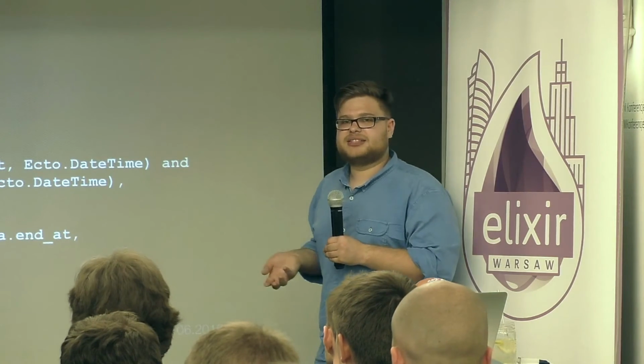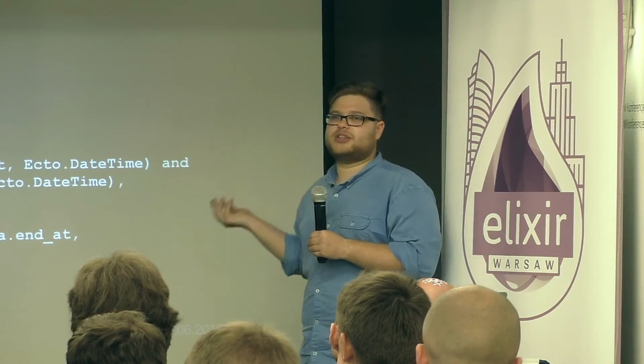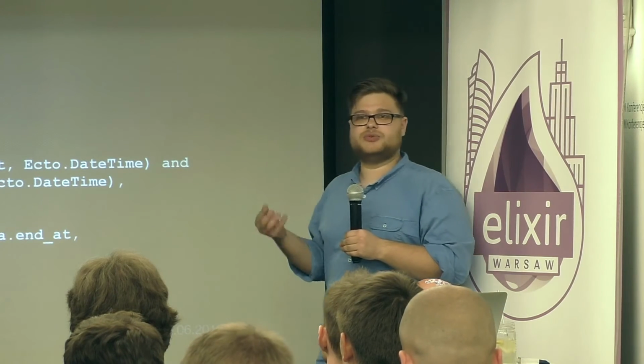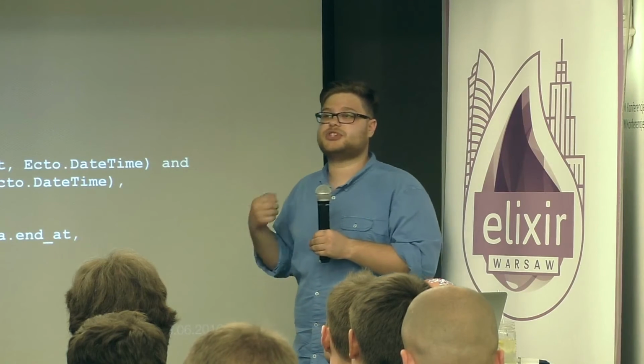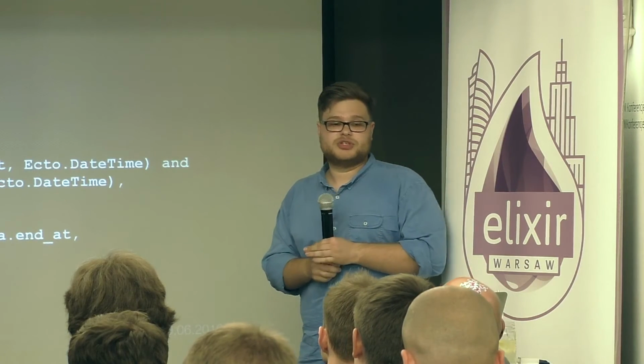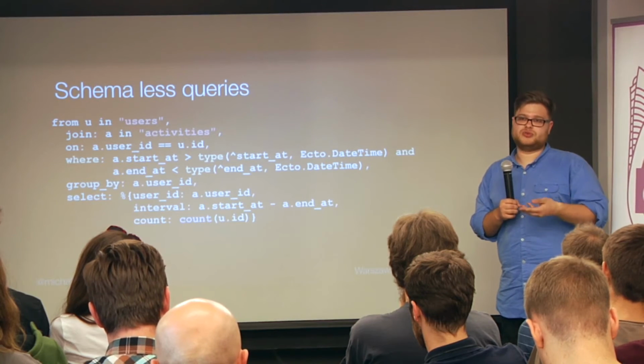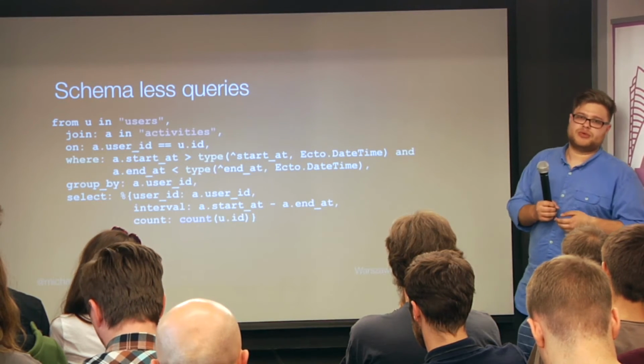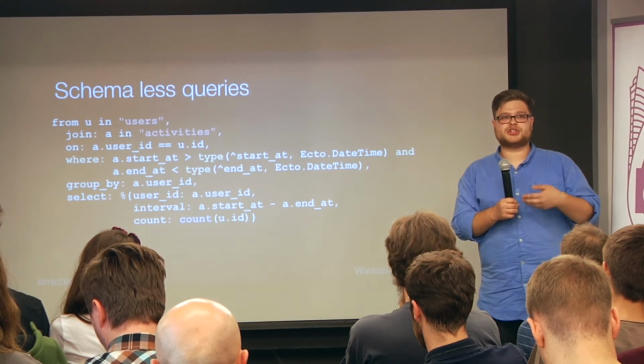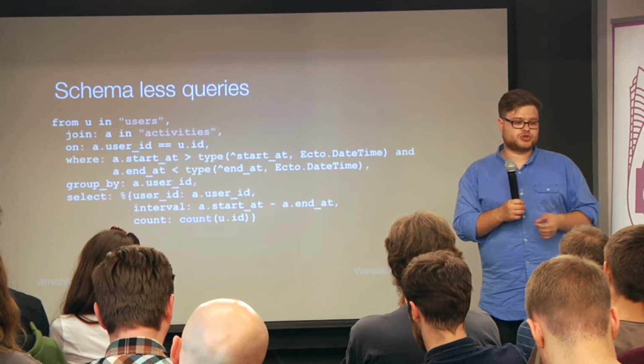But other than that, you can use all the features of Ecto, just picking the features you want to use. So it does not enforce anything on you and does not lock you in, where you have to use all the features or nothing. You can pick and choose what you like.